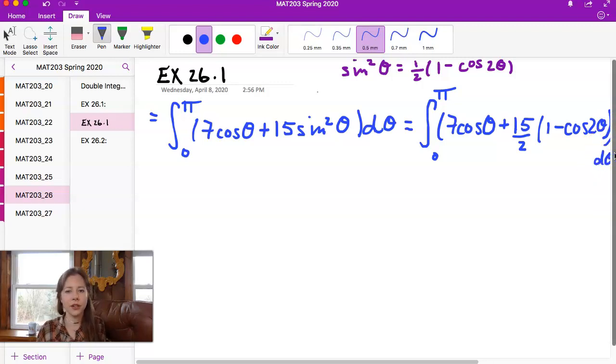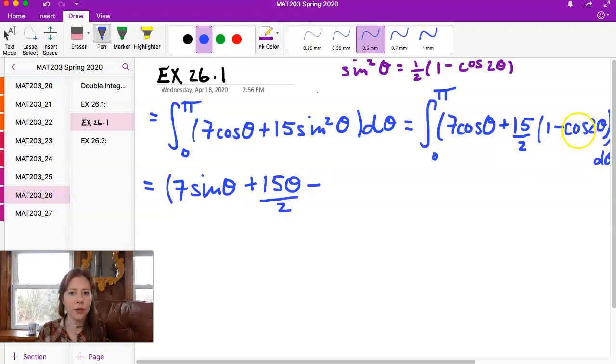All right, so let's integrate. 7 cosine theta becomes 7 sine theta, and 15 over 2 times 1 d theta becomes 15 theta over 2.